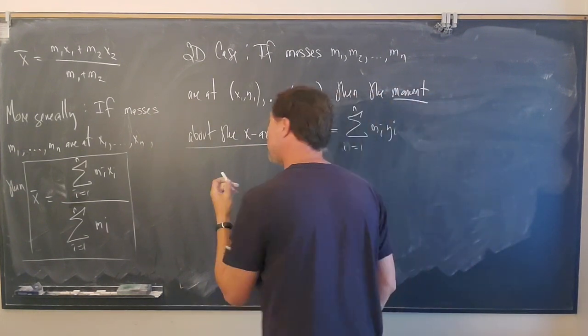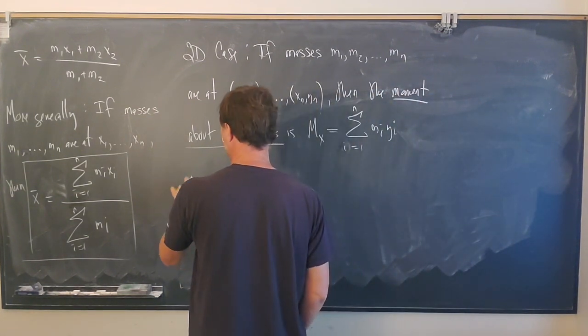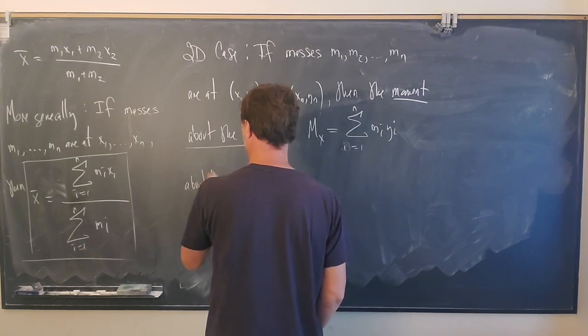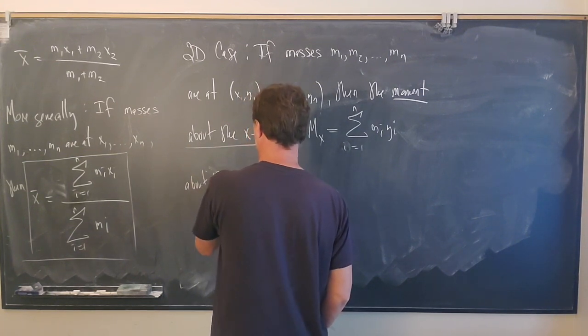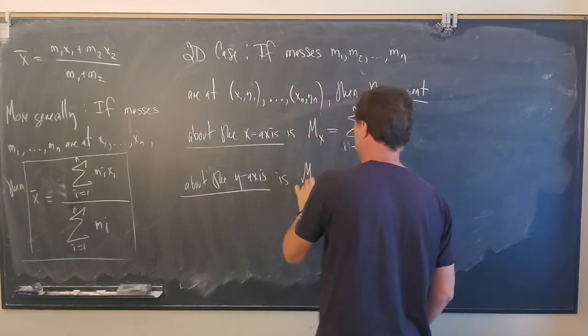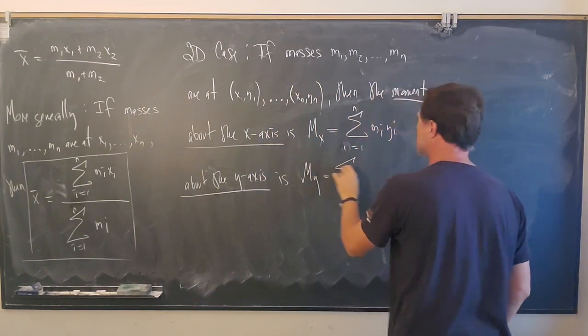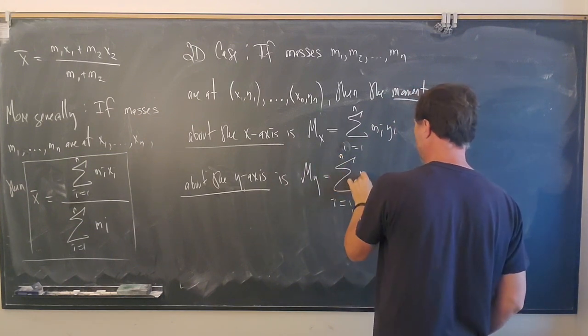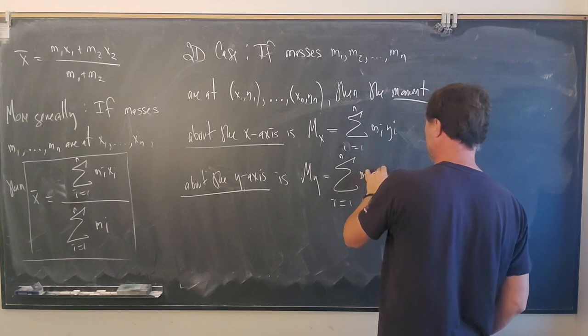There's also the moment about the y-axis, and that we write as capital M sub y, and it's the sum i equals 1 to n of m sub i times x sub i.